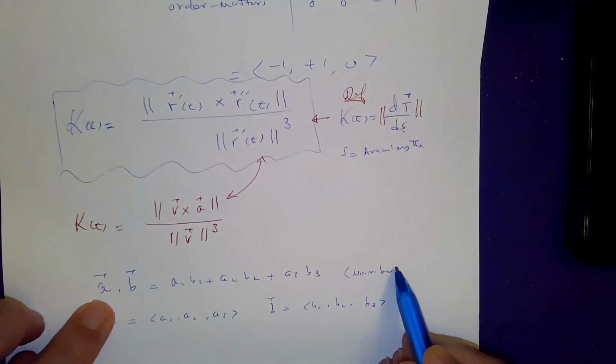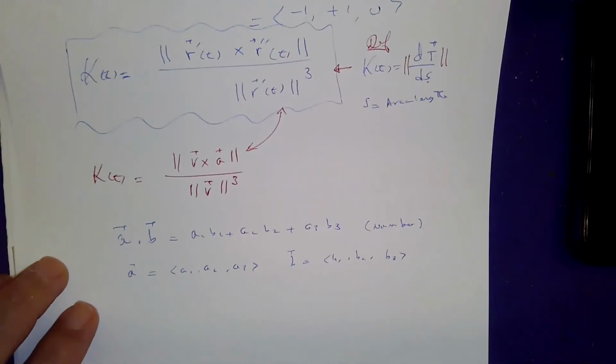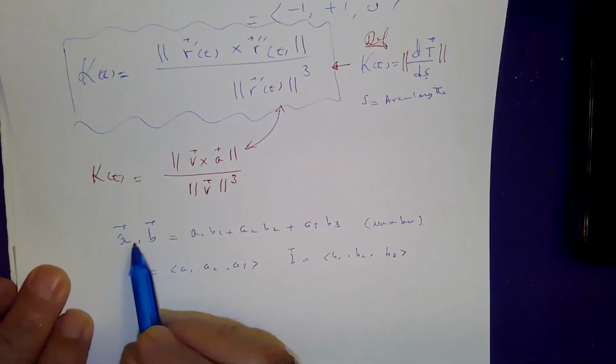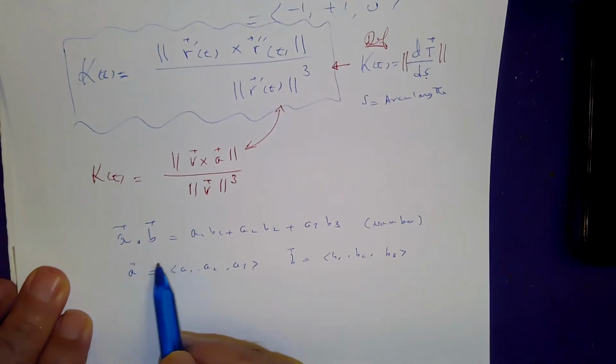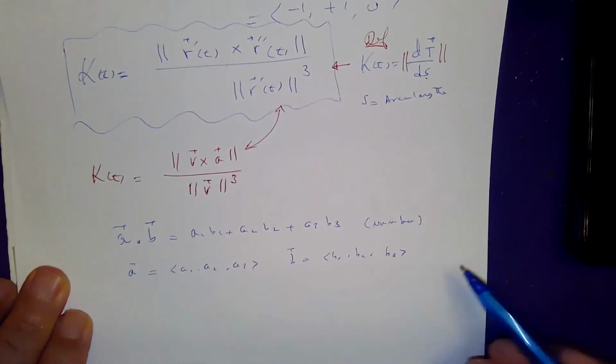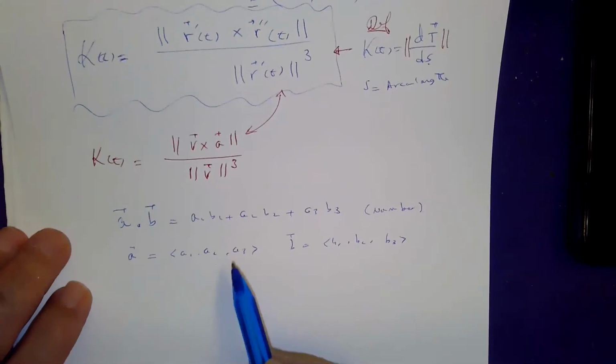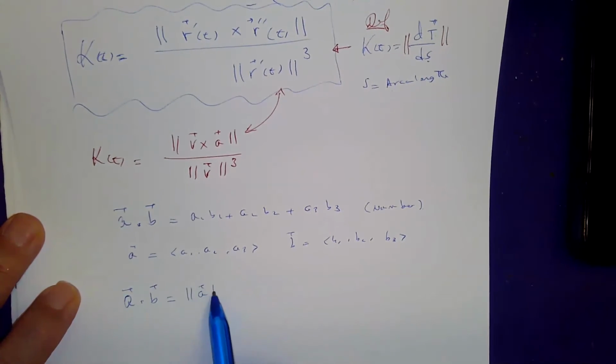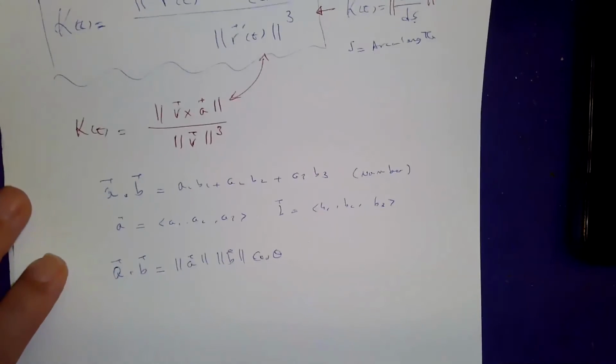So I really don't know how to do a picture to show you what dot product is, but it's an operation which is used in application problems. And the only thing I can tell you is A dot B is magnitude of A, magnitude of B times cosine of theta.